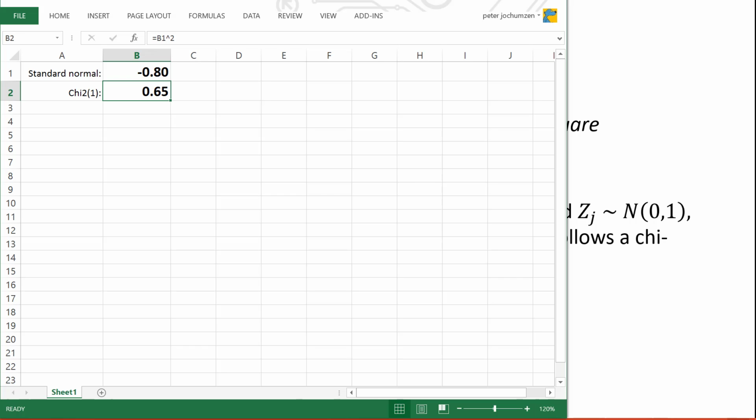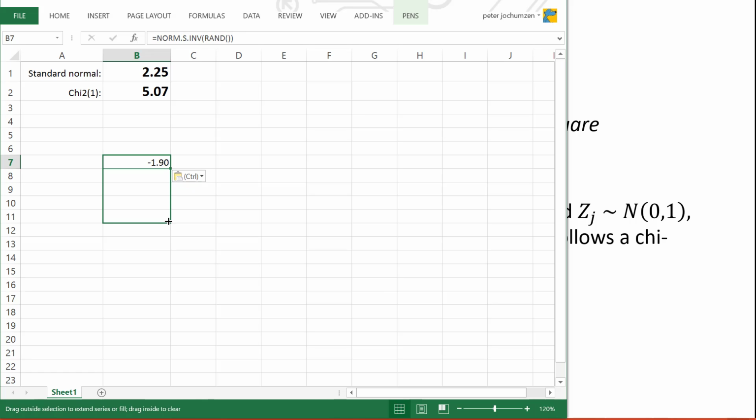If you want to simulate random numbers from a chi-square with k degrees of freedom, let's say you want to do it for k equal to 5. Then just simulate standard normal here, like this. Copy this down k times.